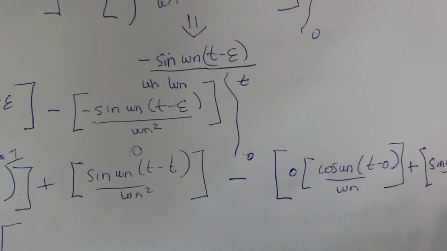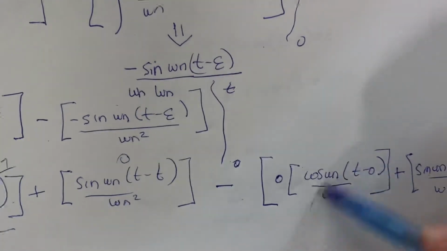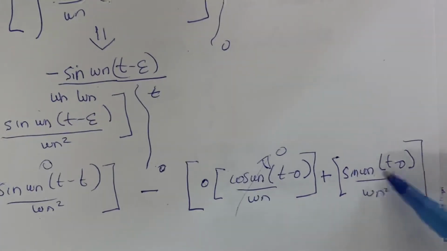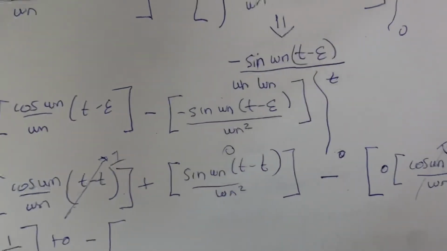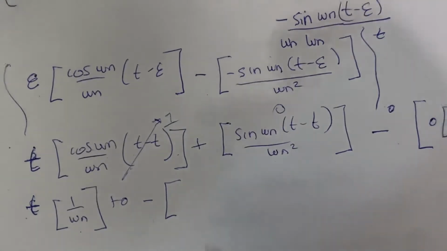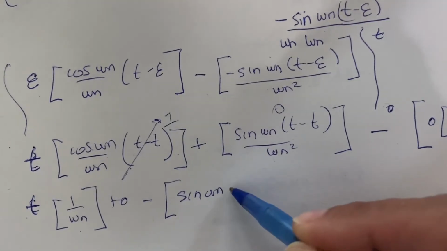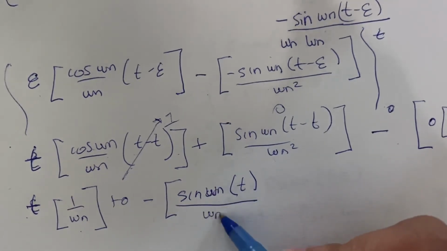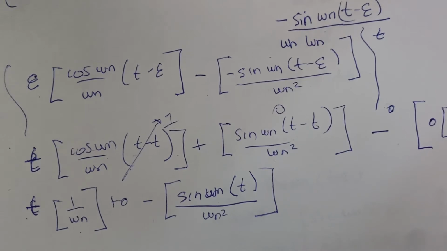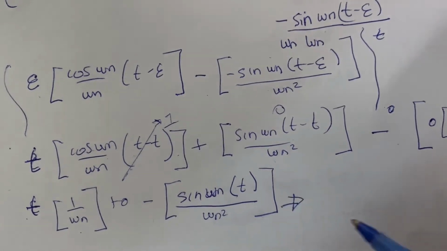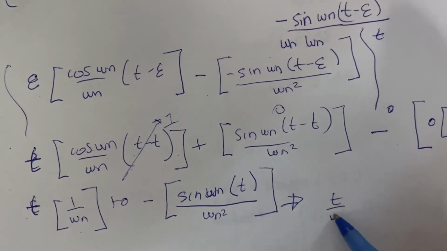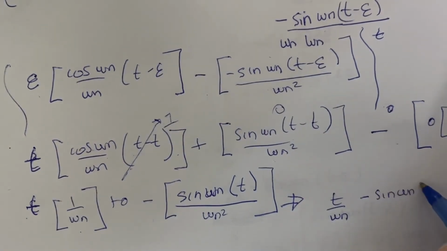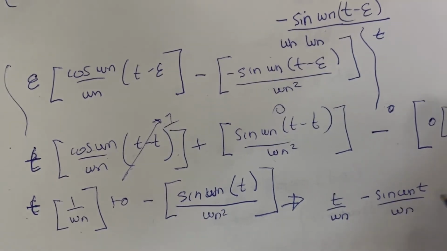And we're going to see we have minus. This term goes to 0, and then this term is simply the sine wn t over wn squared. Now let's just express this here, sine wn t over wn squared. So this is going to be t over wn minus sine wn t over wn squared.